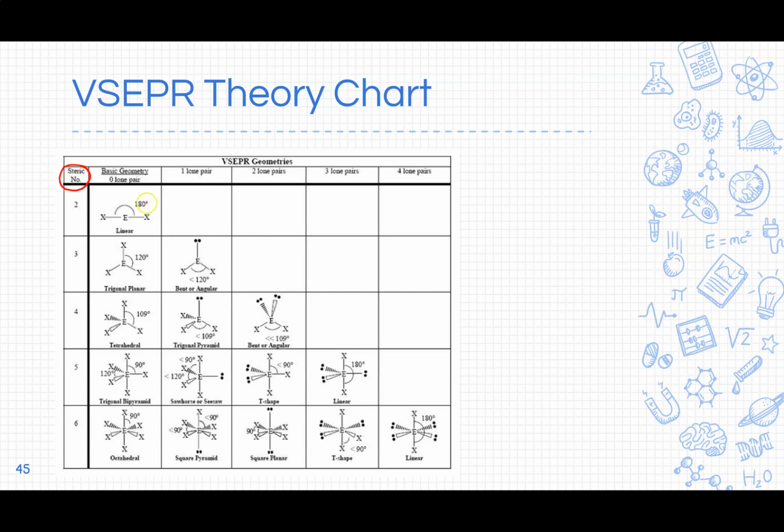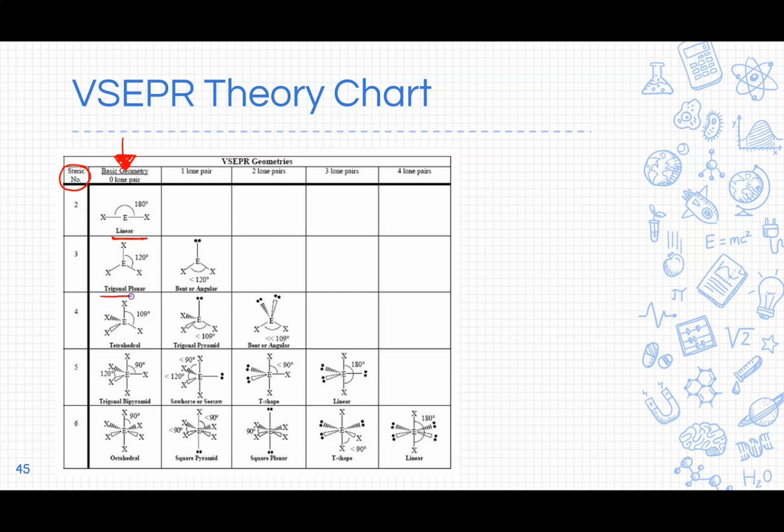The basic geometry is always going to be whatever's written in this first column right here. So our options for geometry are linear, trigonal planar, tetrahedral, trigonal bipyramidal, and octahedral. Then our options for shape are really anything on this chart. Something could be linear in geometry as well as linear in shape.